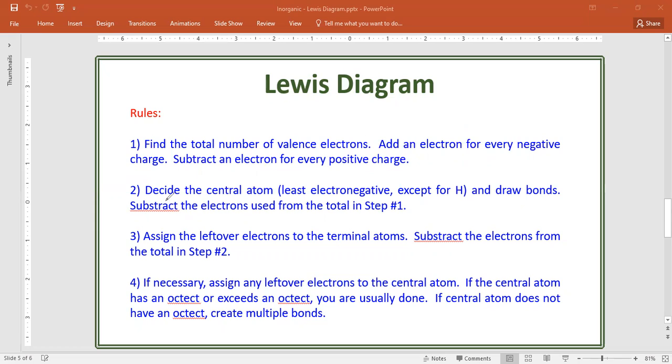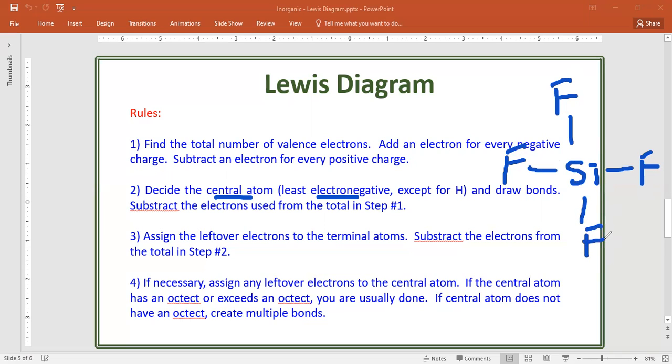And the second rule is the central atom. The central atom in our example is silicon, because it is the least electronegative compared to fluorine. So we take silicon as the central atom and draw the bonds between fluorine and silicon.